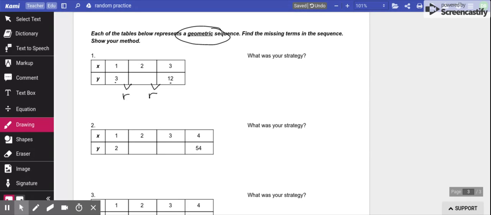So for me to get from 3 to 12, instead of subtracting, this time I'm going to divide. So I'm going to go 12 divided by 3, and that is going to give me 4. Now, in order to get that 4, I have to multiply by r 2 times.